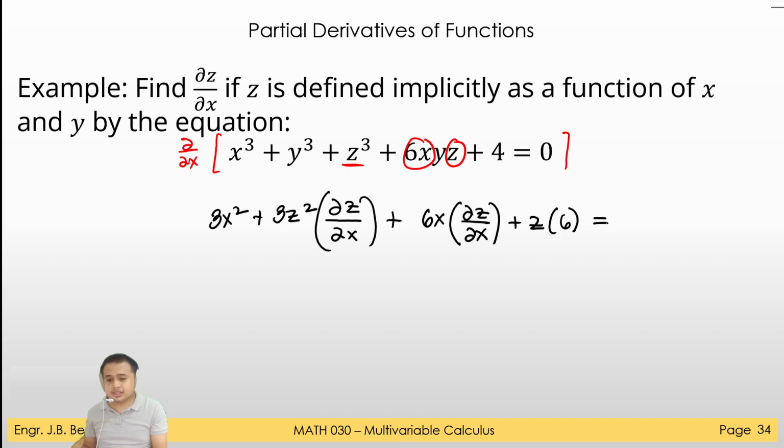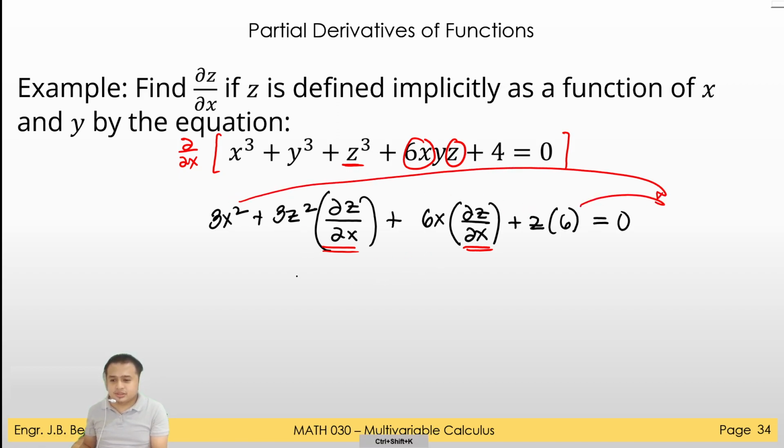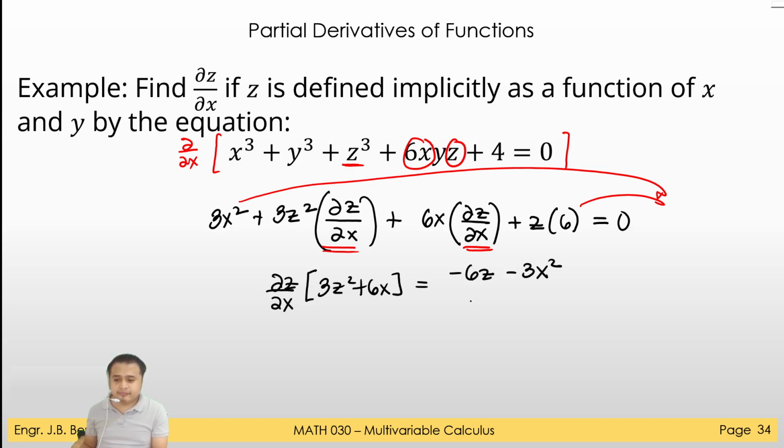So we equate this to 0. Now simplify. Let's group everything that has the z derivative, and transpose everything else that doesn't have a z derivative to the right. Then factor out the partial derivative of z with respect to x. So factoring this out, we have 3z squared plus 6x, and on the right, negative 6z minus 3x squared. Then divide by 3z squared plus 6x.